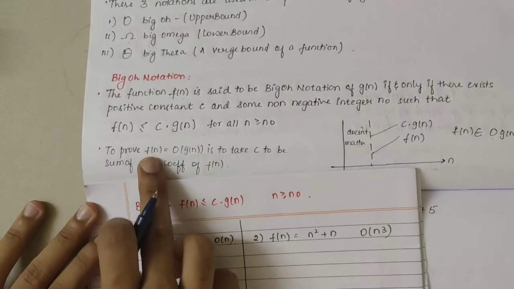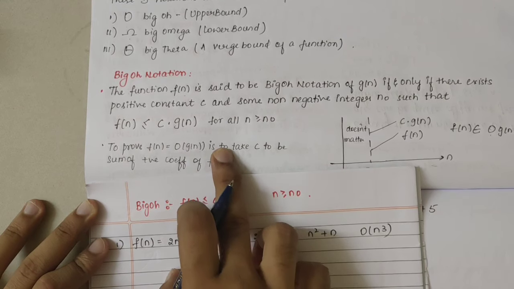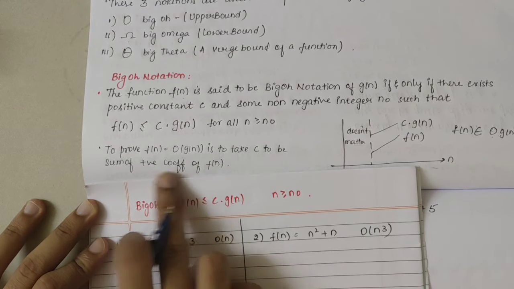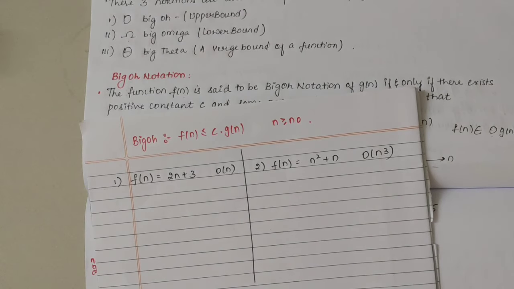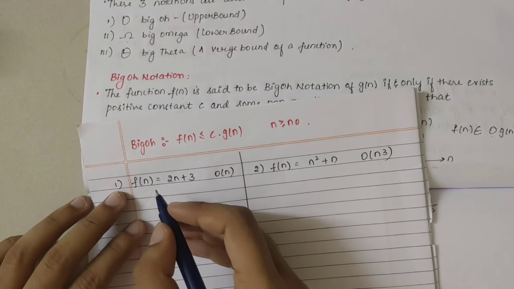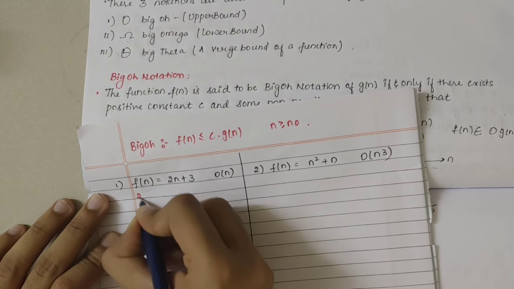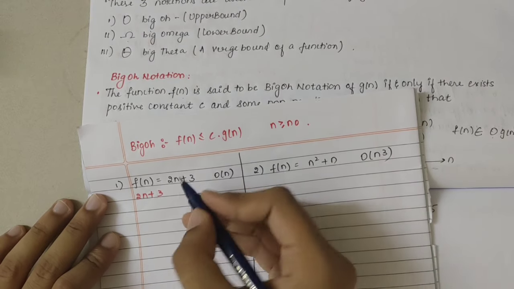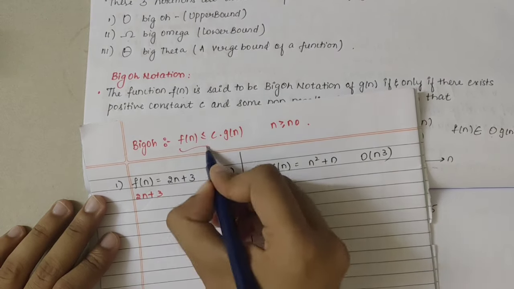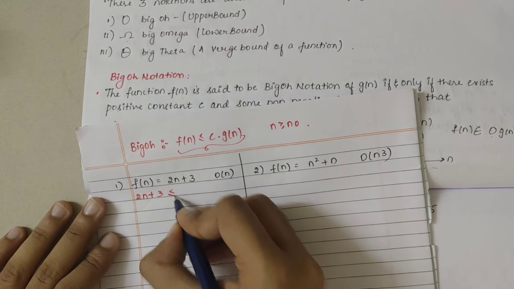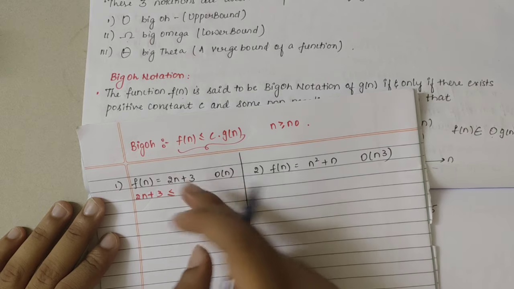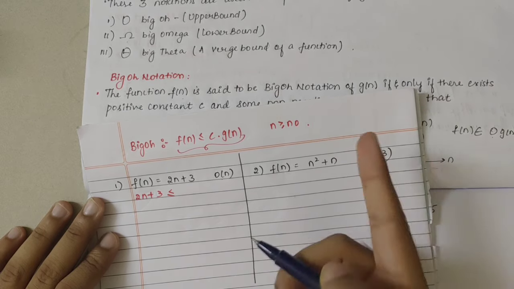To prove f of n is equal to order of g of n, we can take c to be the sum of positive coefficients of f of n. So here they have told us that this function should follow big O notation with n value. Firstly I'll write the f of n value as it is: 2n plus 3, and on this side I have to somehow make it of this form, that is less than or equal to. So 2n plus 3 less than or equal to what can come on this side such that order of n is satisfied?